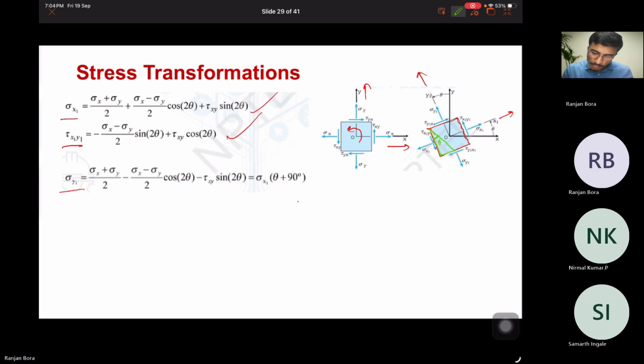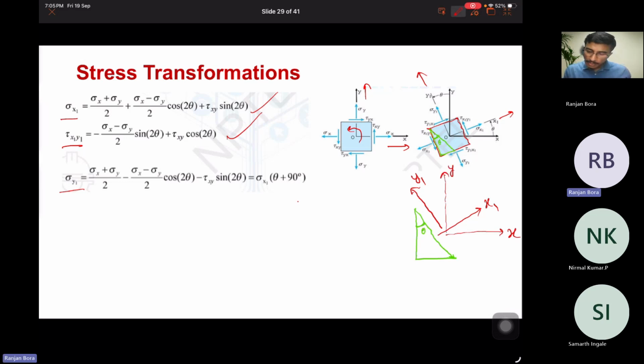I will draw the element here, and in this element this direction is x1, this direction is y1, and this is the direction of x.